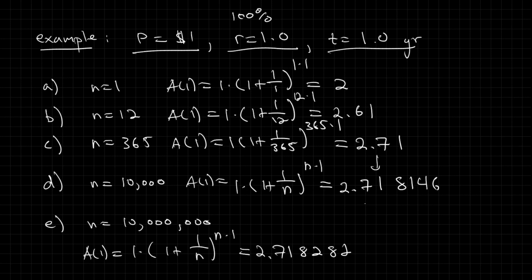So that is incredibly close to compounding 10,000 times per year. In fact, if you round to the nearest cent, it is exactly the same. And even if you round further than that, we have the same number. And if you want, you could go ahead and try out n equals 10 billion. You'll see the result is not that much different than this result.